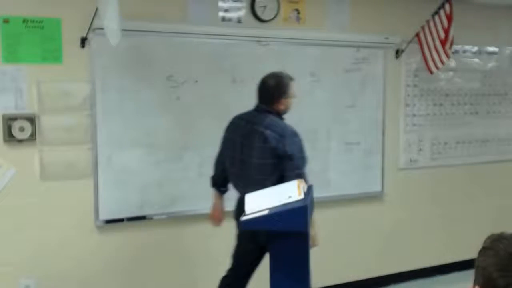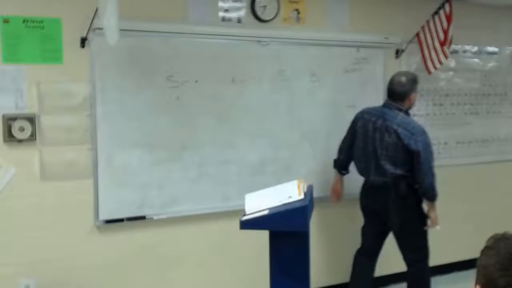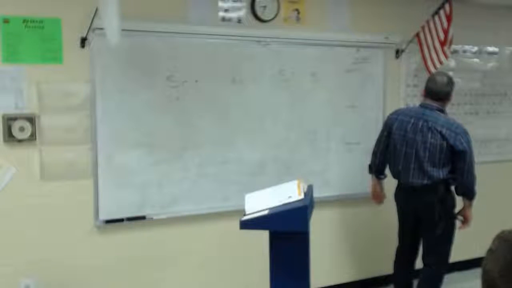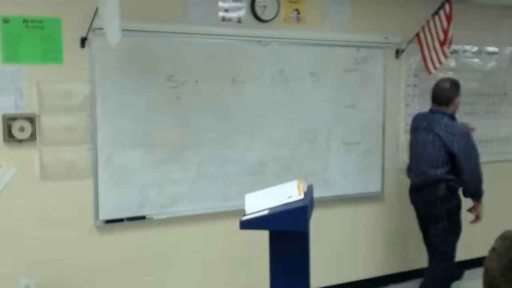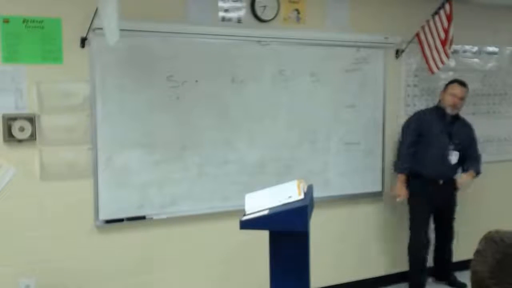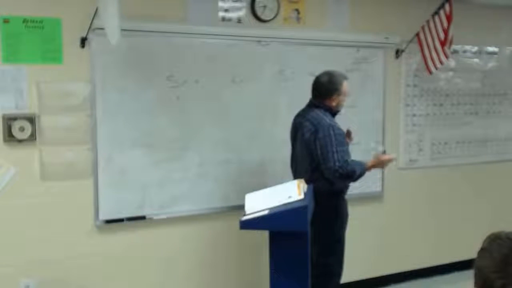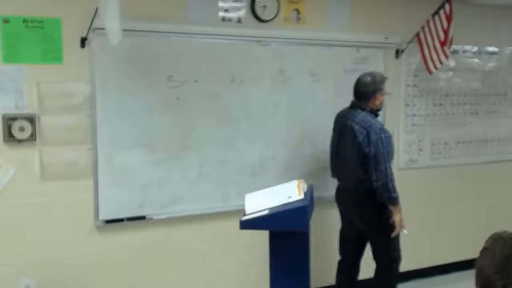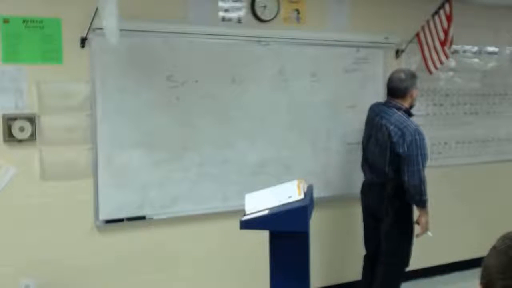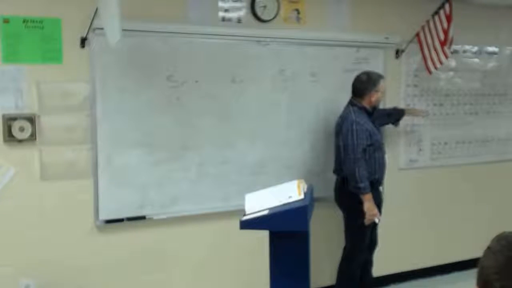Bi. I don't know what that is, but where are we going? Okay, 83. Thank you. 83 electrons, 83 protons in the neutral atom. How many valence electrons?